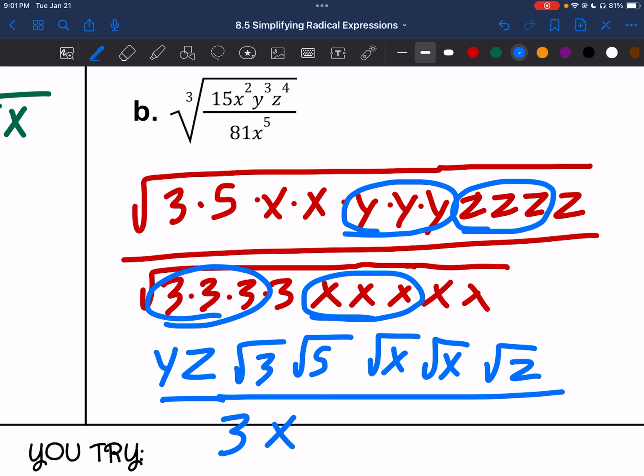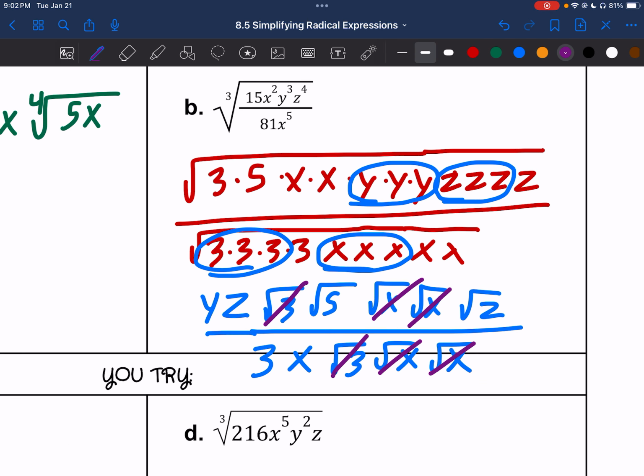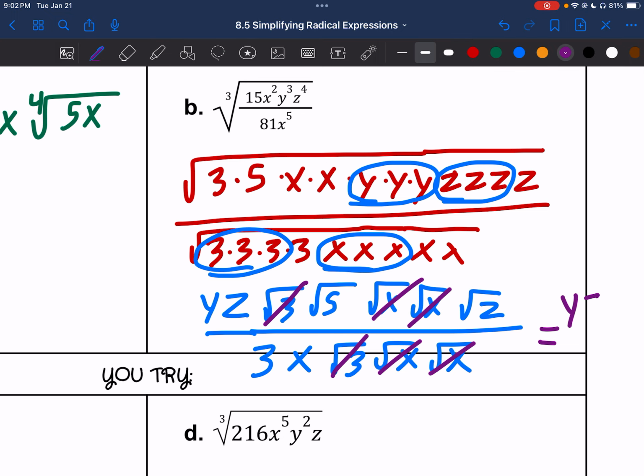We bring out an x, and we've got the square root of 3, square root of x, square root of x. So now I look and see, do I have things that I can simplify? Well, square root of 3 over square root of 3, that cancels out. Square root x, square root x, square root x, square root x. And what am I going to be left with? We have yz square root of 5z over 3x.